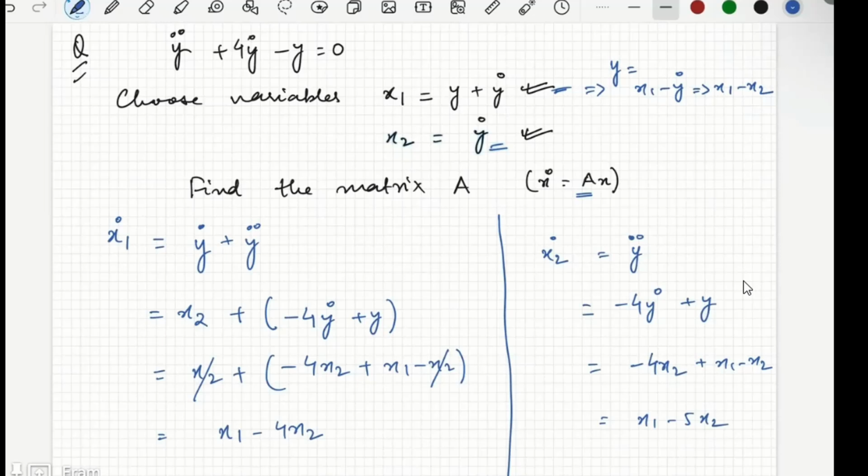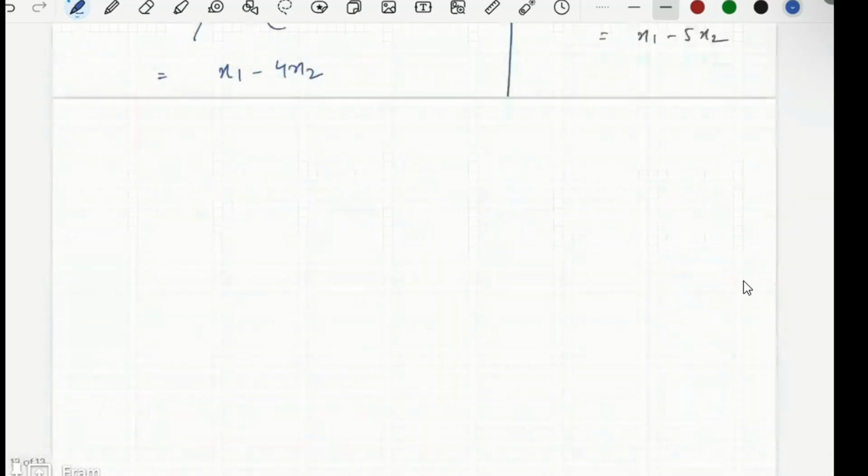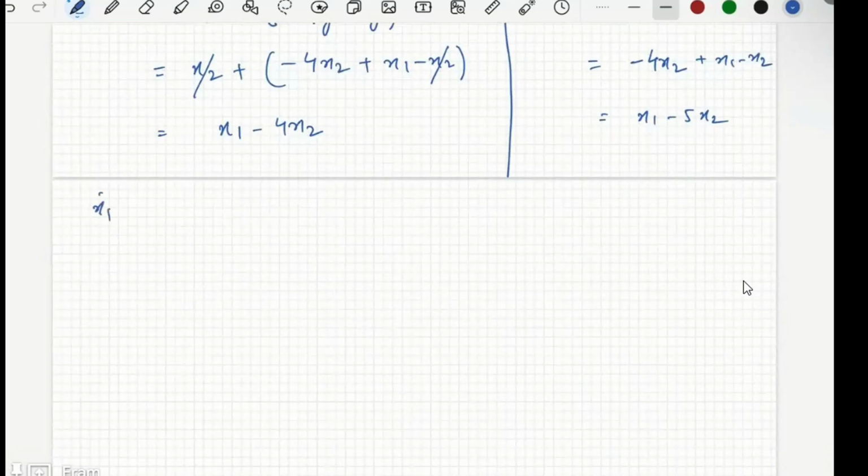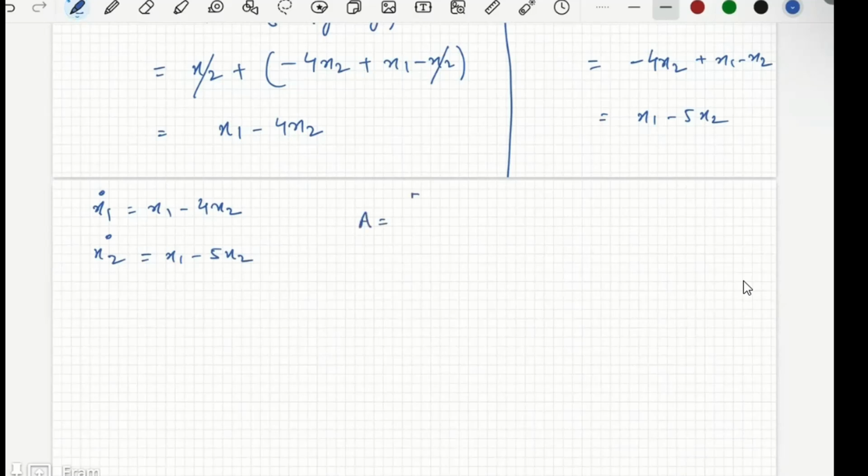Now can you find out the matrix A? Let me write. We have x1 dot is x1 minus 4x2 and x2 dot as x1 minus 5x2. What will be A? So it will be very easy, 1 minus 4 and 1 minus 5.